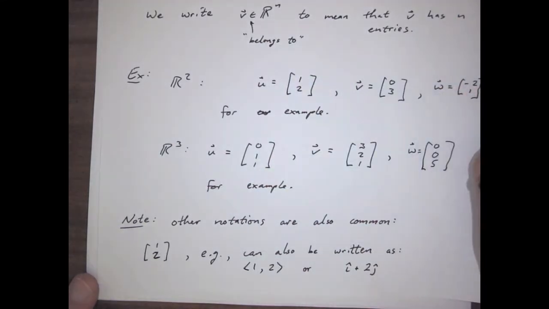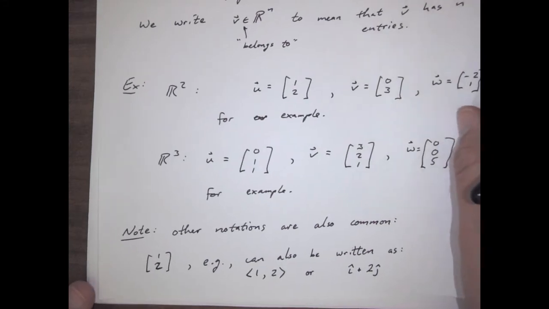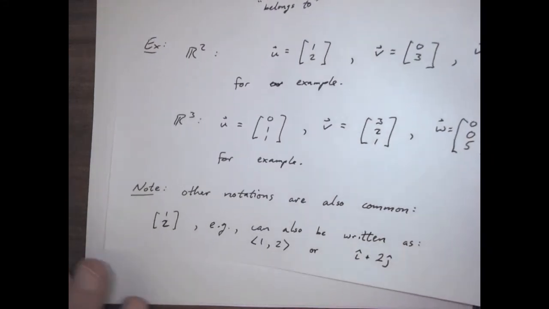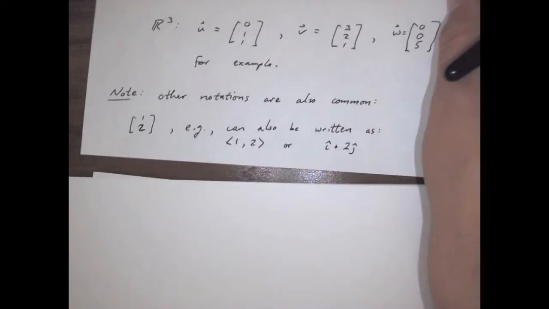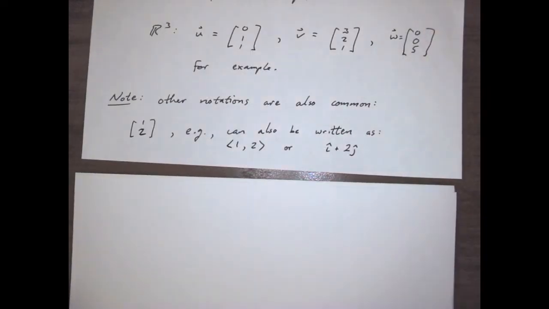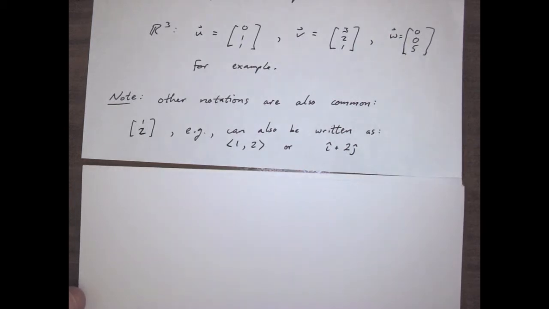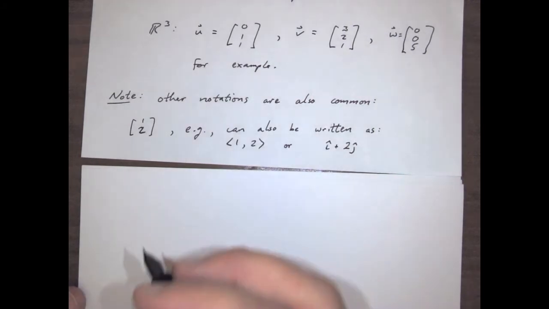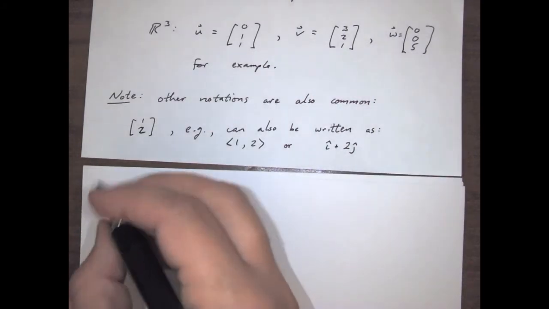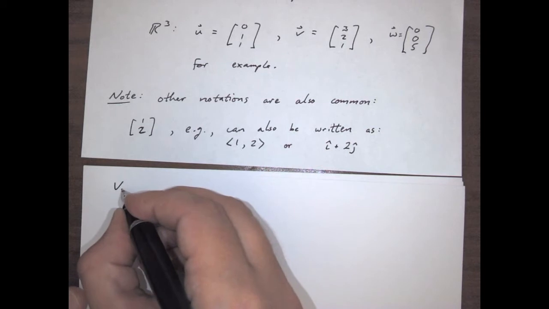Our main notation will be as column vectors. Now let's discuss some of the things that can be done with vectors which relate to the arithmetic that we're more familiar with in the case of just numbers. So vector arithmetic.